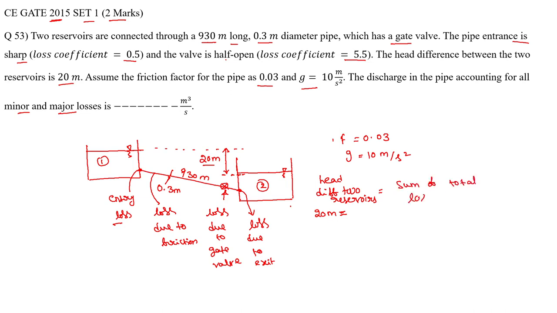If there are no losses, then the total head in reservoir 1 and reservoir 2 will be the same. Assume they are both located at the same height.